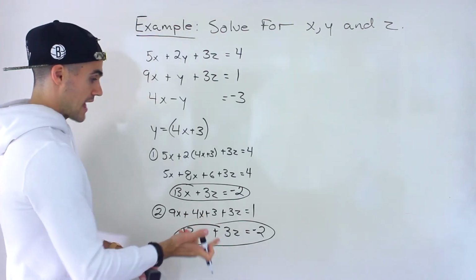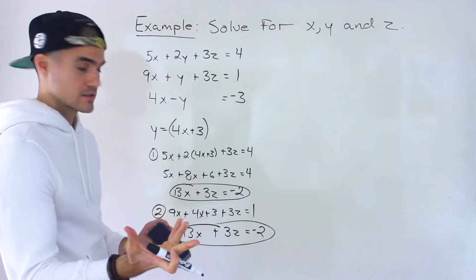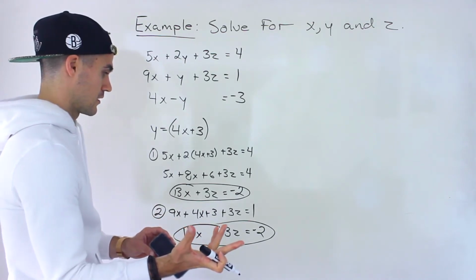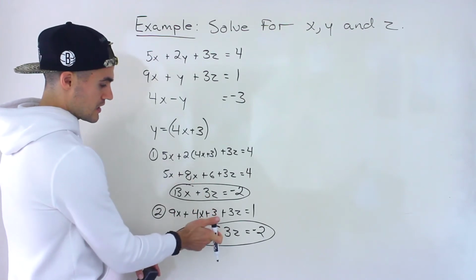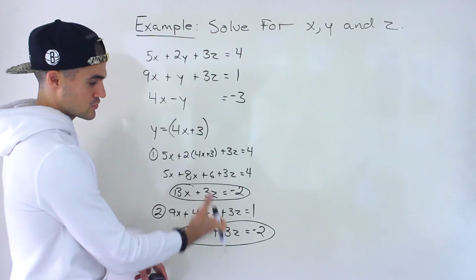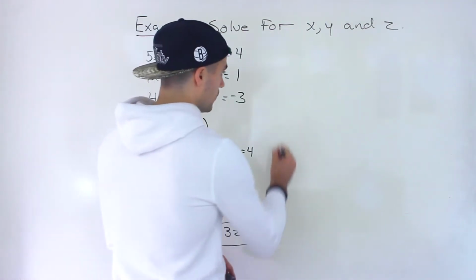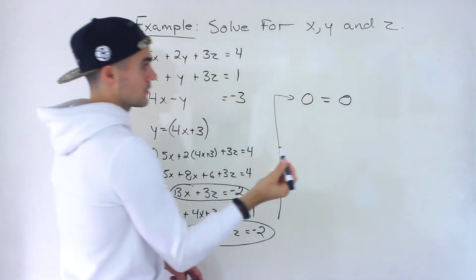But then notice that these two equations, they're the exact same thing, right? So if we were to find the x and z value here, with substitution or elimination, what we would end up with is 0 is equal to 0.